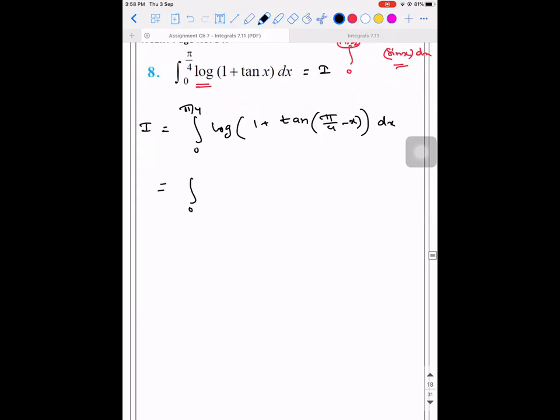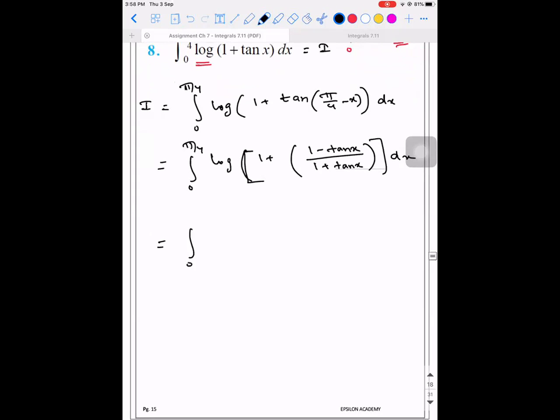So this will be integral of 0 to pi by 4 log of 1 plus tan of (pi by 4 minus x), which is (1 minus tan x) divided by (1 plus tan x), dx. So this will be equal to integral of 0 to pi by 4 log of, if you take LCM and solve, 1 plus tan x plus 1 minus tan x will be 2, divided by LCM 1 plus tan x, dx. Okay, this is I.